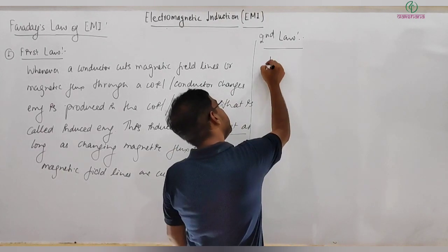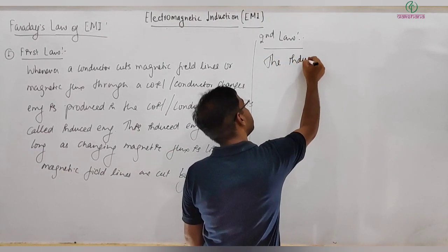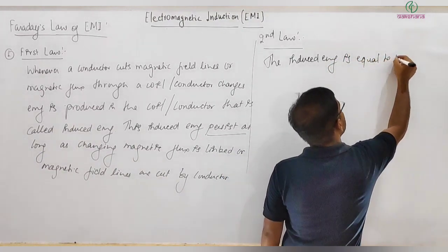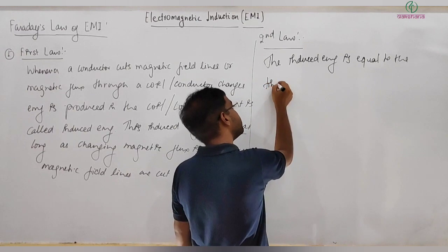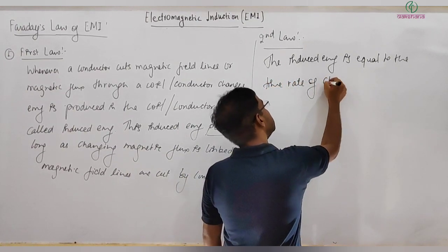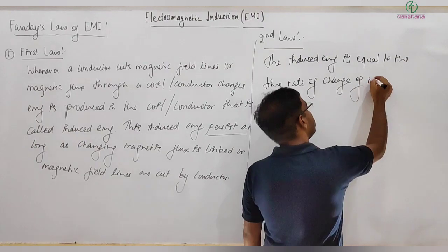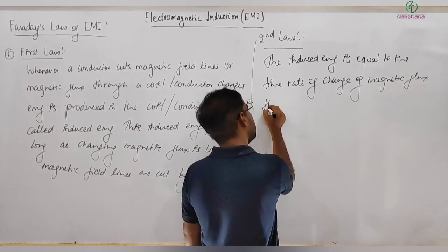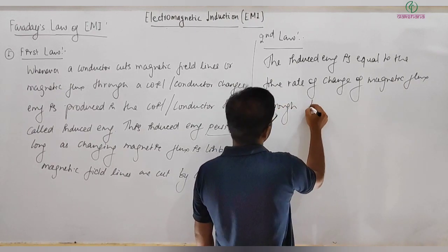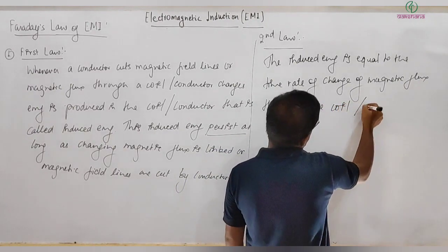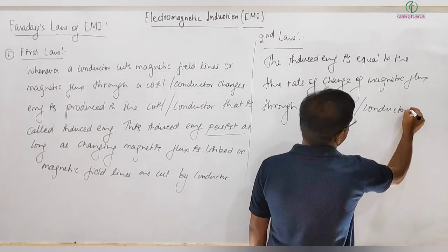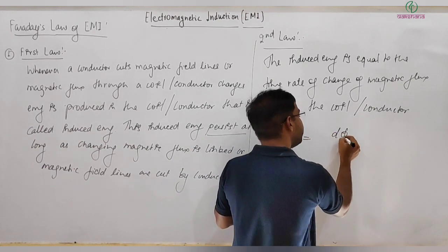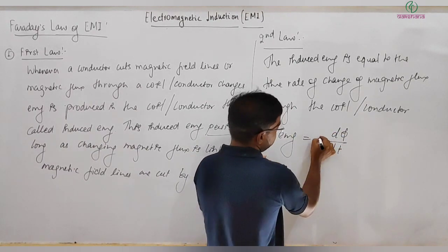So the induced EMF is equal to the time rate of change of magnetic flux through the coil or conductor. So the EMF magnitude is given by d phi by dt, and here the minus sign is also there.